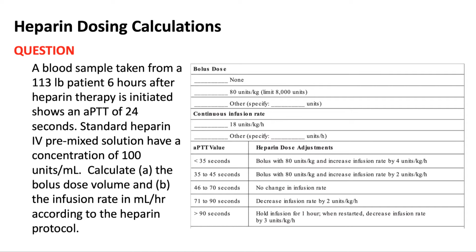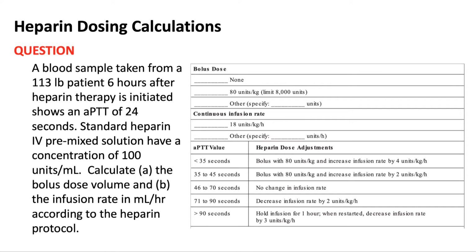A small number would be a relatively fast coagulation. It's not a very anticoagulated blood sample. But the longer the value in seconds, the longer it takes to coagulate, the more anticoagulated the patient is.